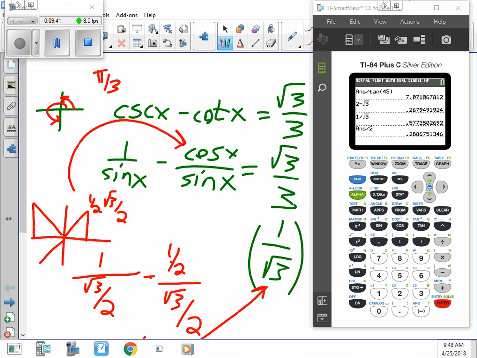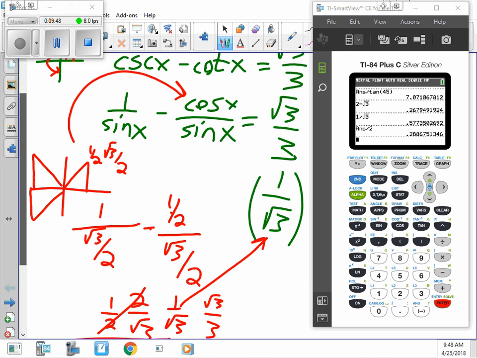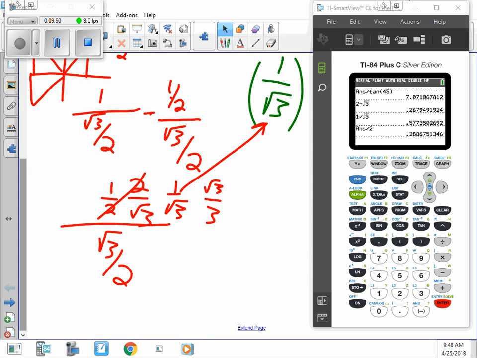Okay. Will it work in quadrant 3? So if I had, let's see, this would be negative, and this would be negative, and this would be negative. So those would cancel. Or sorry, no, well, let's not do it that way.